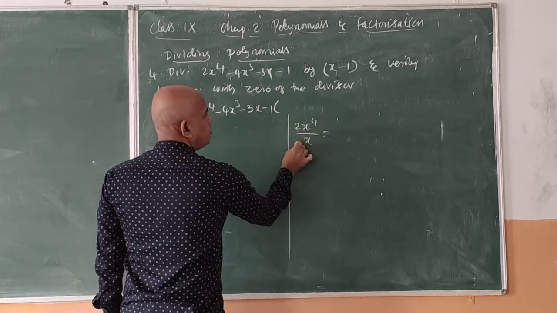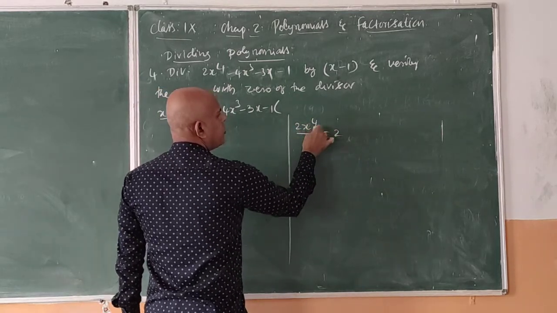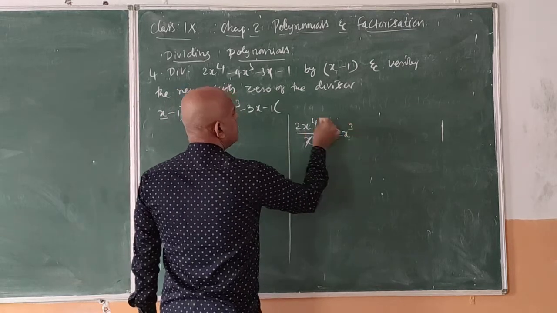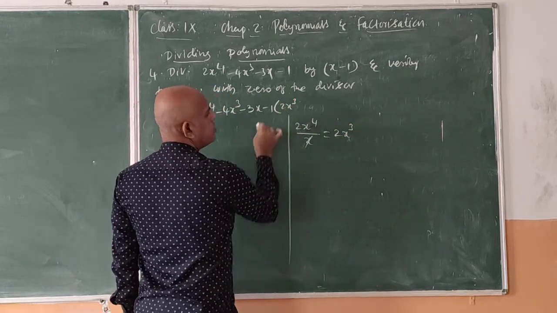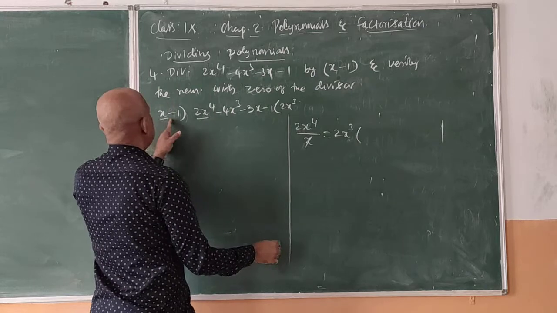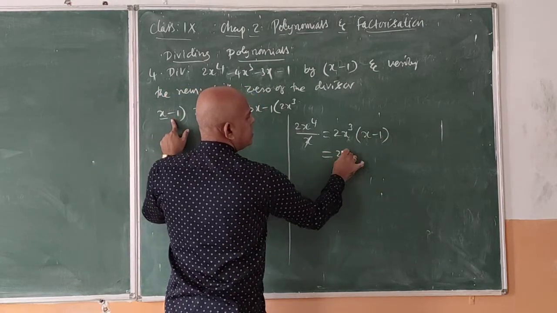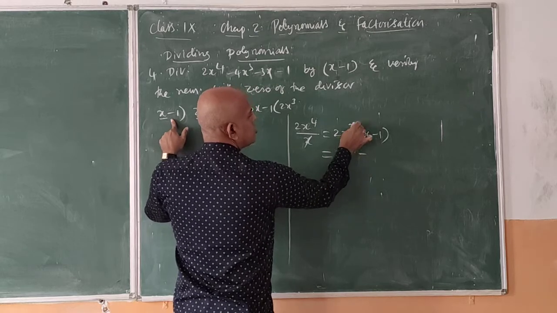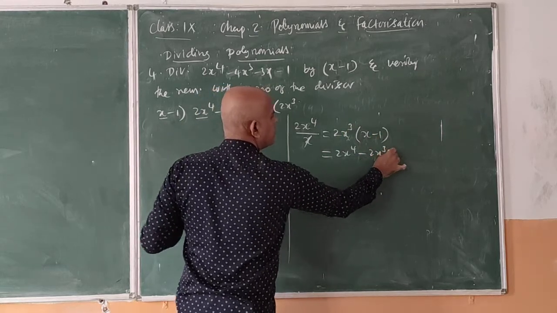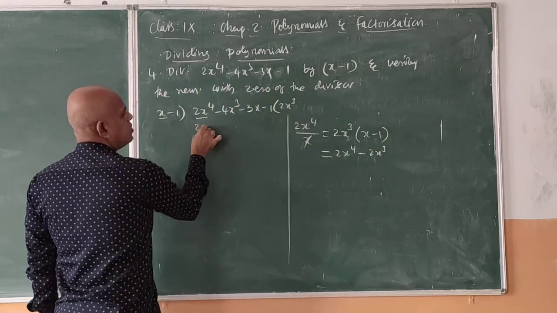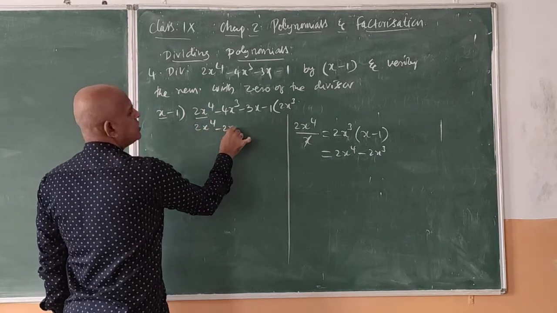There is no numeral here. 2 in x power 4, 1x gets cancelled, x cube. This should be written here, 2x cube into the divisor. Divisor is what? x minus 1. 2x cube into x is 2x power 4. 2x cube into 1 is 2x cube. It should be written under this: 2x power 4 minus 2x cube.